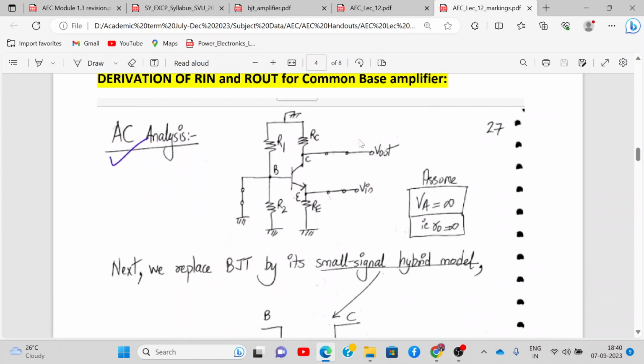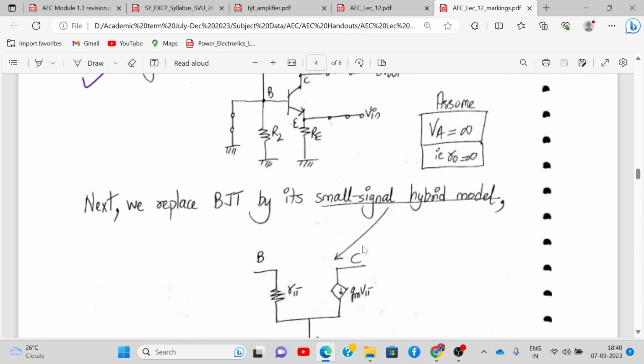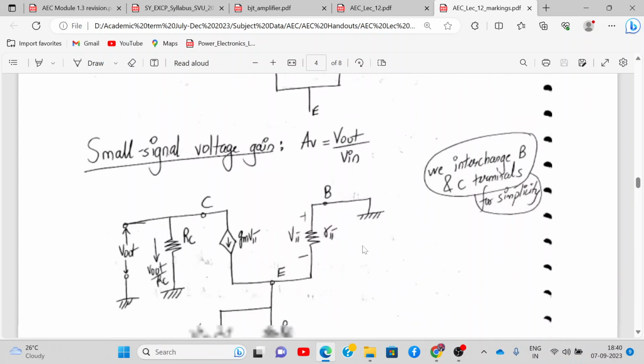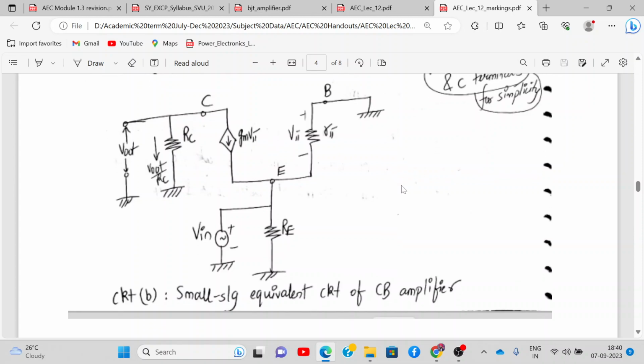You first draw the equivalent circuit and now replace the BJT by its small signal model. So this is how your circuit will look. Now for this circuit, we need to derive the formula for V out upon V in. Now I leave that exercise to y'all.